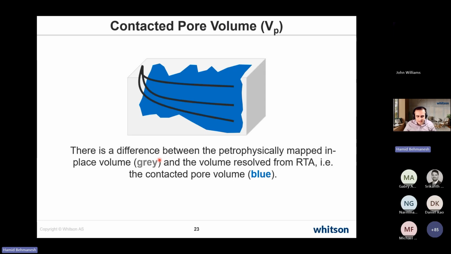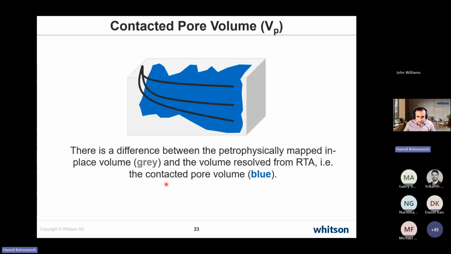Is the OIP from FMB much less than the OIP from the petrophysically mapped OIP? One of the reasons, which I'm going to address in the next slide: gray is petrophysically mapped, blue is what has been seen by RTA or FMB, which we call contacted pore volume. If you take a closer look, wherever we report OIP in Whitson, we call it contacted pore volume.